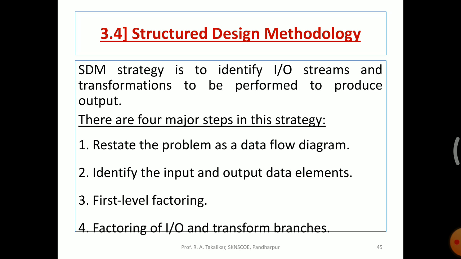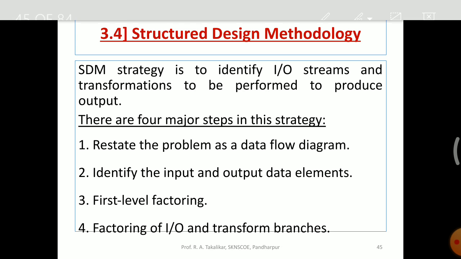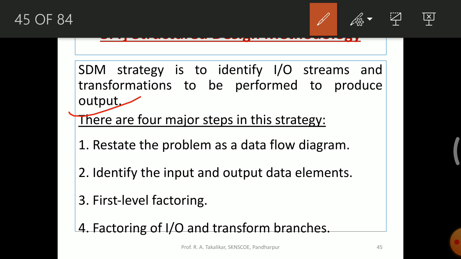So in the SDM, the first thing is we have to identify the input and output streams, meaning from where you will get the input, from which modules the output will be generated, and the transformations to be performed, meaning what calculations and transformations have to be performed by intermediate non-atomic modules so that the output will be produced. So they say that there are 4 different major steps in this strategy.